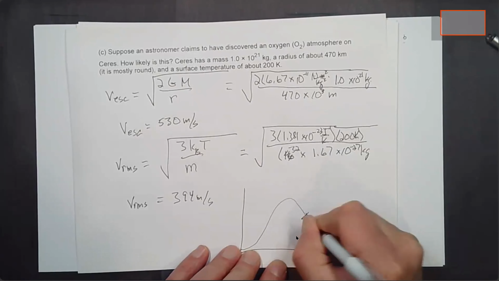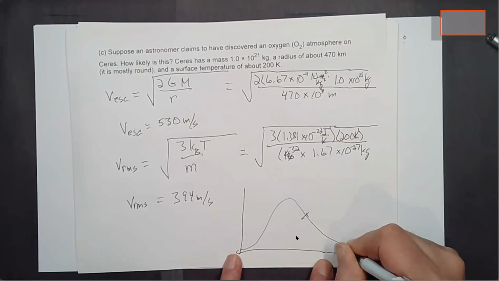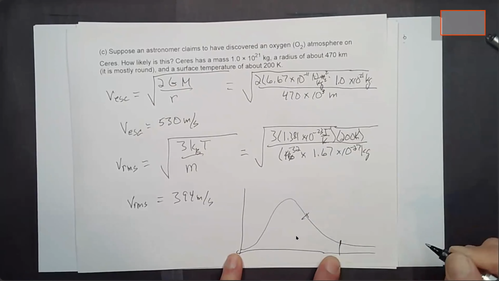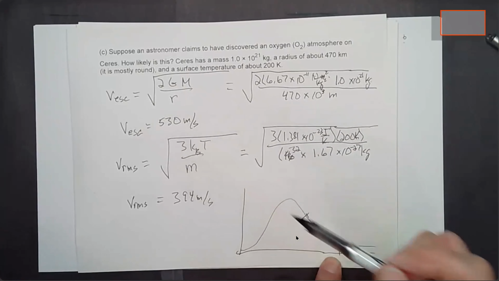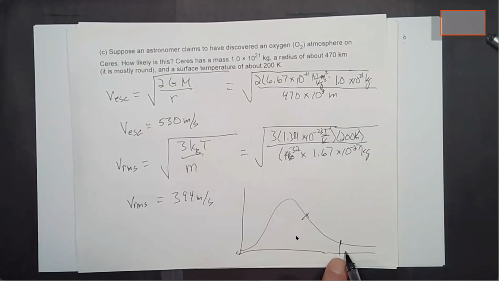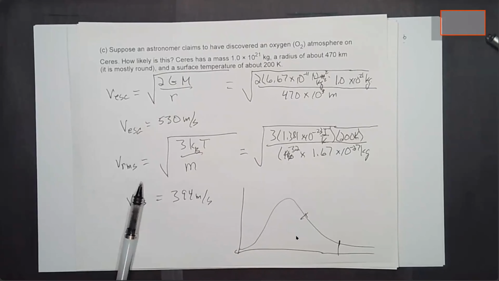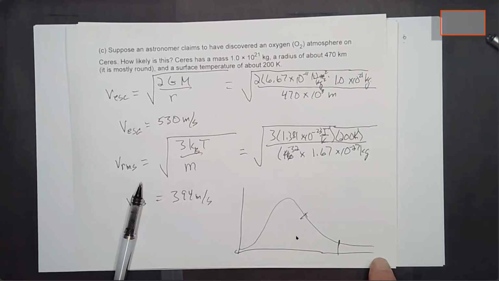Okay, well, here's what happens with that distribution of molecular speeds. We've got the RMS speed here. We'd only be out about, well, not much farther there to get to the 530 meters per second. So a fairly significant chunk of the particles are going to have speeds greater than the escape speed from Ceres. And over time, those would leave and not come back.